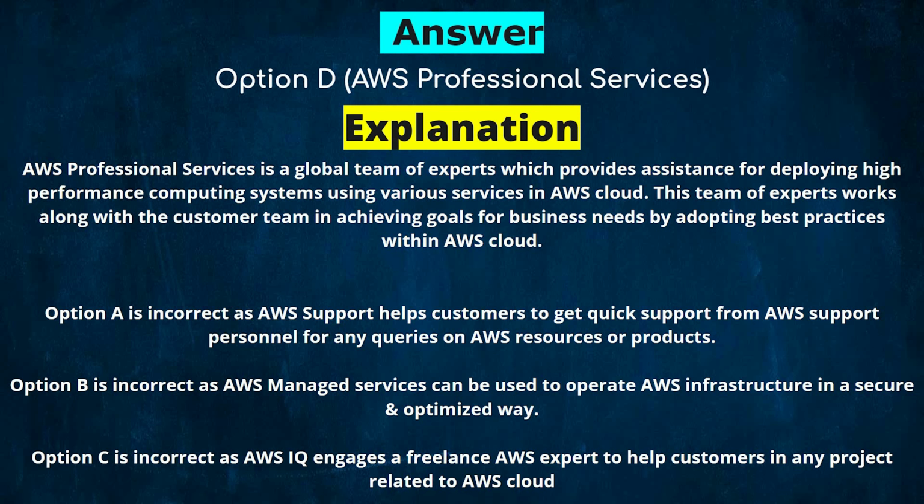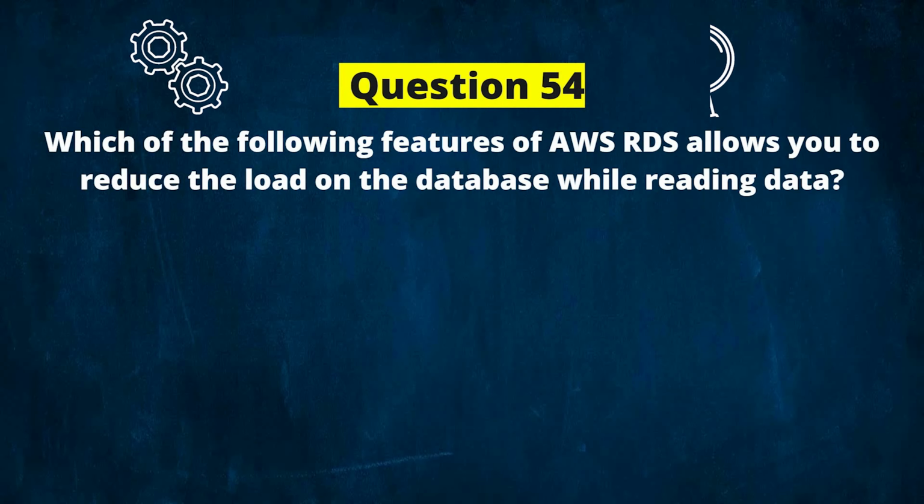Option A is incorrect, as AWS Support helps customers to get quick support from AWS support personnel for any queries on AWS resources or products. Option B is incorrect, as AWS Managed Services can be used to operate AWS infrastructure in a secure and optimized way. Option C is incorrect, as AWS IQ engages a freelance AWS expert to help customers in any project related to AWS Cloud.